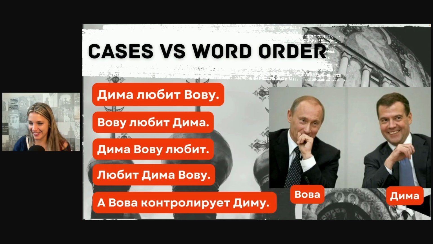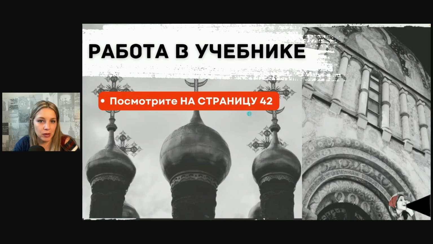See if you can understand what that sentence means. Dima is the one doing the loving, and the object of his love is Vova. That's why Russian poetry is so powerful, because you can move the words all around however you need to. So long as you put the thing into the correct case, it is clear who is doing what to whom.